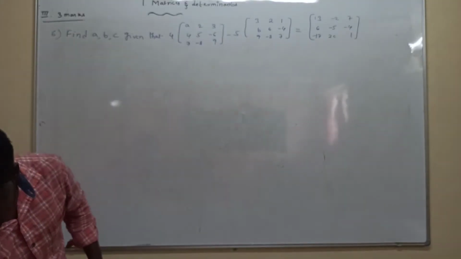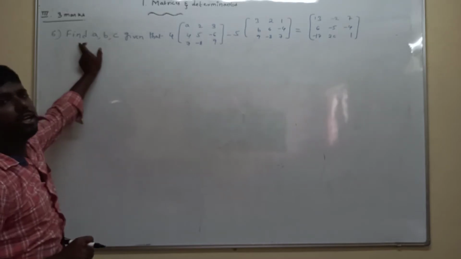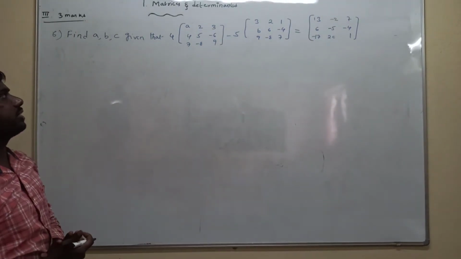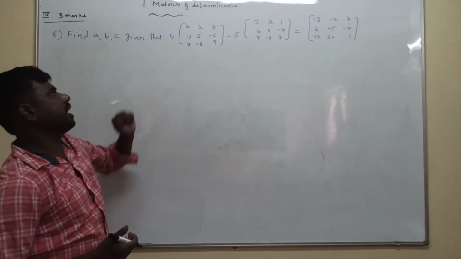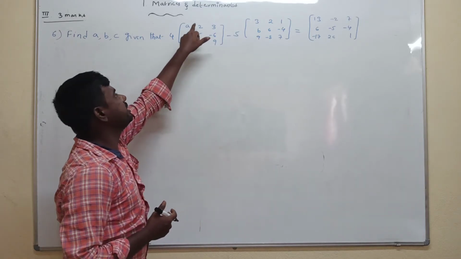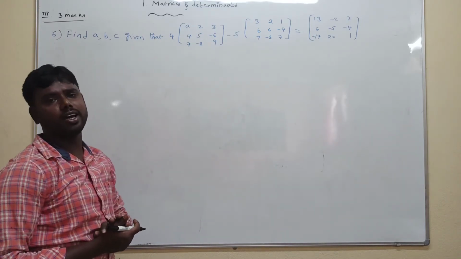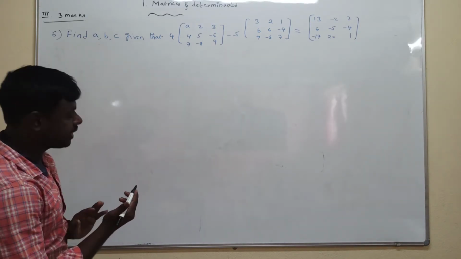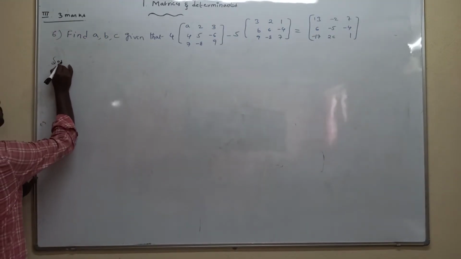Observe, dear students, here we find the A, B, C values, for which they gave matrices. First of all, here 4 is a scalar element and here 5 is a scalar element. Whenever a scalar element is given, each element is multiplied by that particular scalar element. First of all, what are the given matrices? Write the solution.